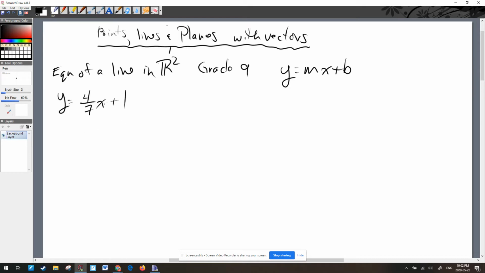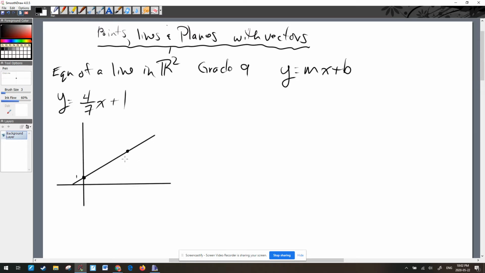I'm going to sketch that. We go up to a y-intercept of 1, then a rise of 1, 2, 3, 4, and a run of 1, 2, 3, 4, 5, 6, 7. We'd have another point out here, and our line would go through that. So like this, there's our line.